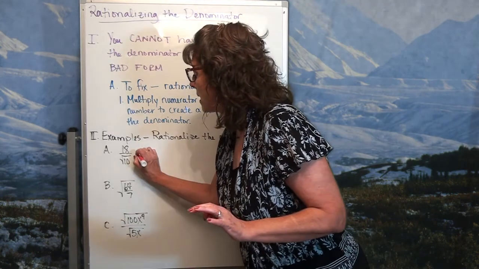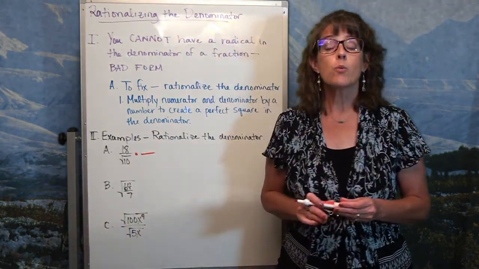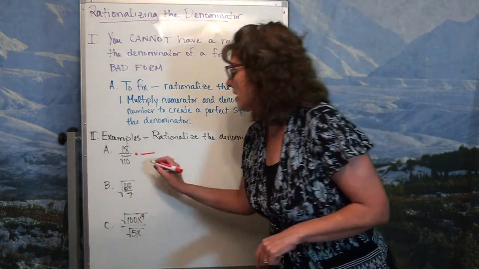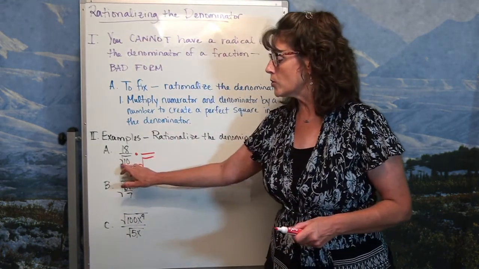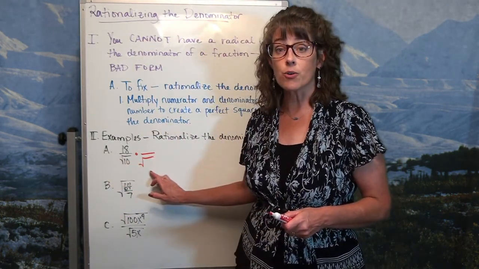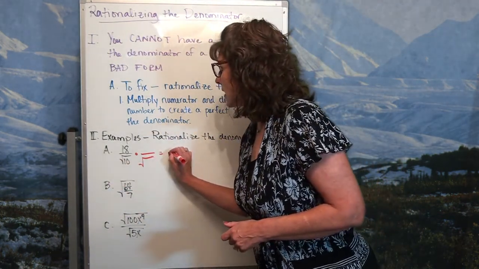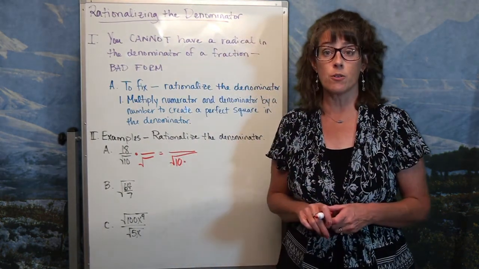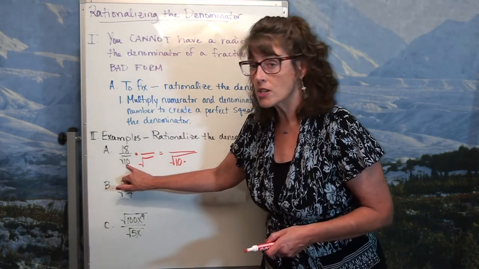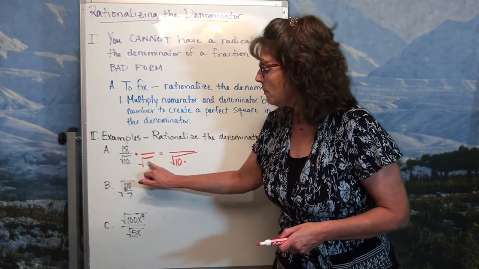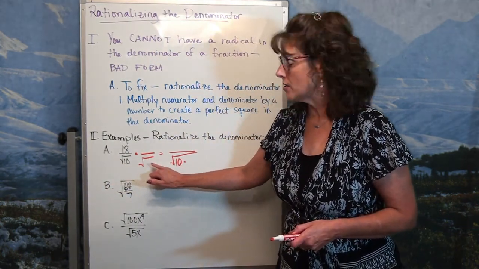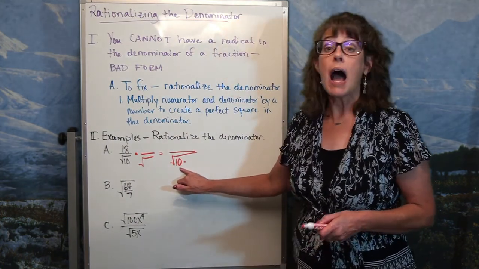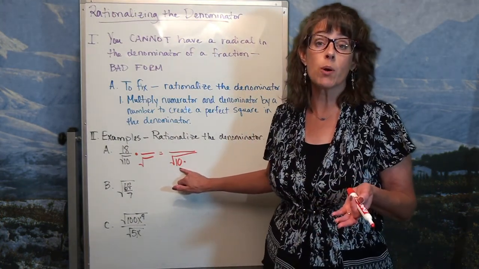Now this is all based on that product rule. Remember the product rule said that if I have 2 radicals that are being multiplied together, I can take the numbers underneath the radicals and multiply them together. So I'm going to take this 10 that's underneath the radical and multiply it by whatever number gives me a perfect square so that I can take the square root of it.